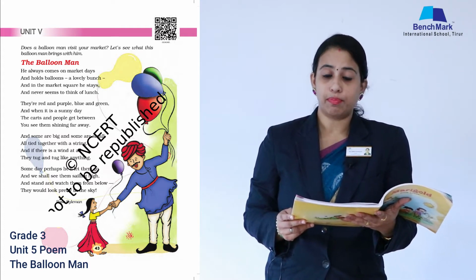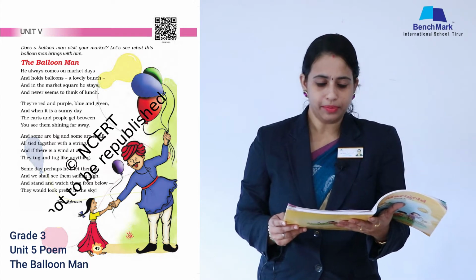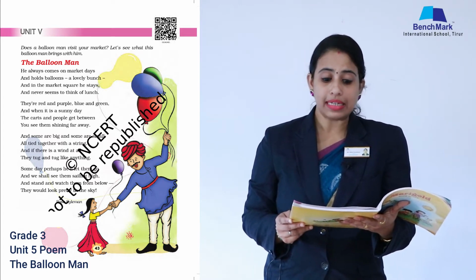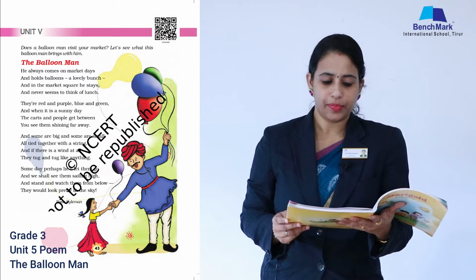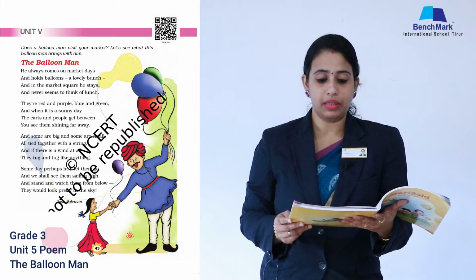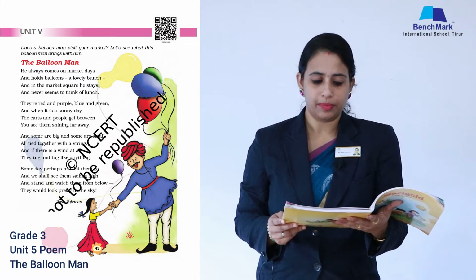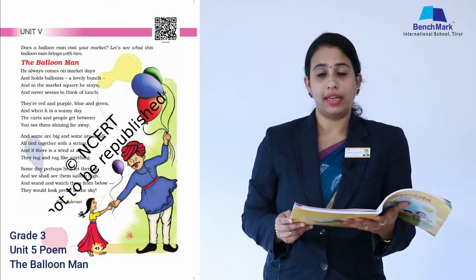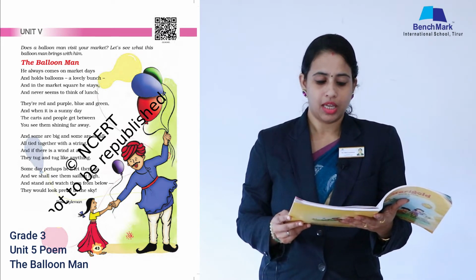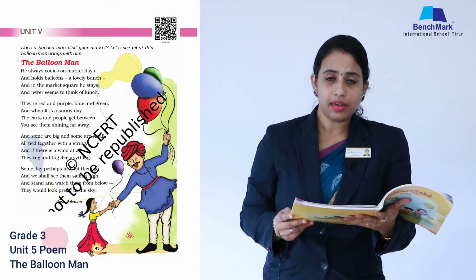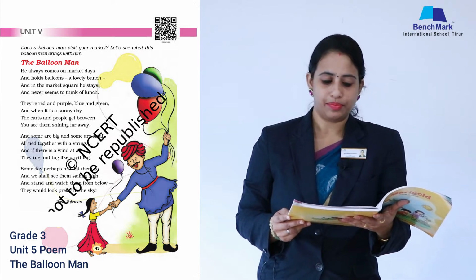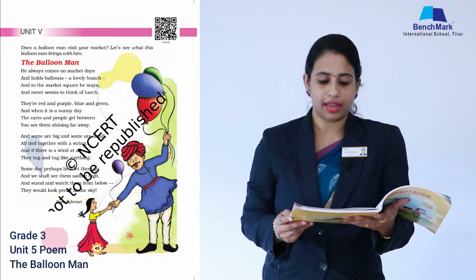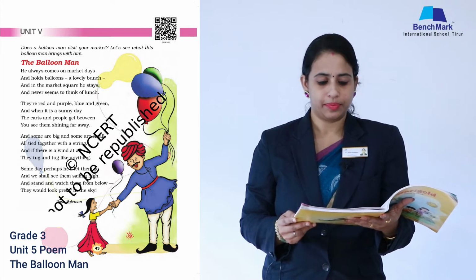They are red and purple, blue and green, and when it is a sunny day, the carts and people get between. You see them shining far away. And some are big and some are small, all tied together with a string.